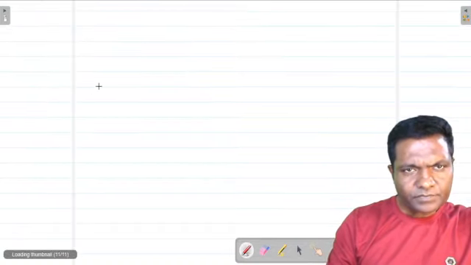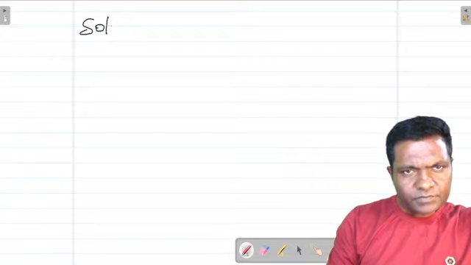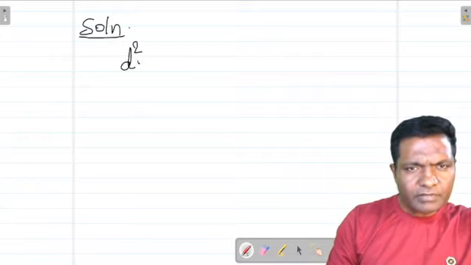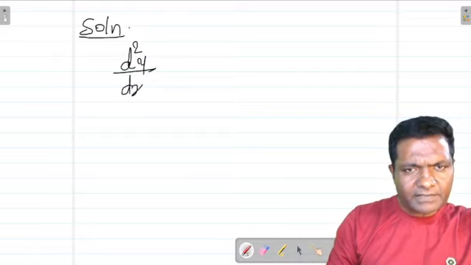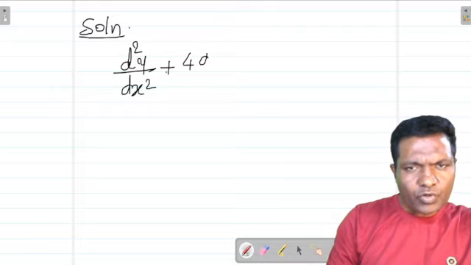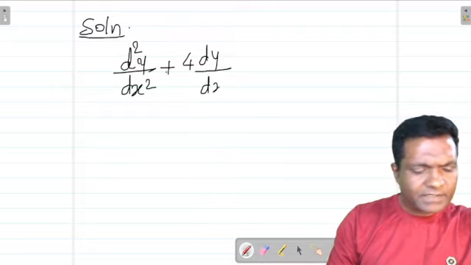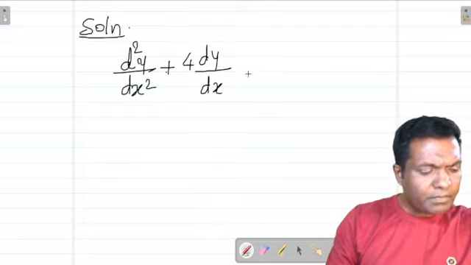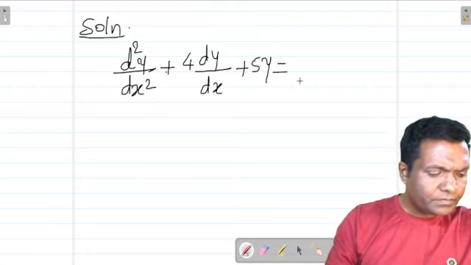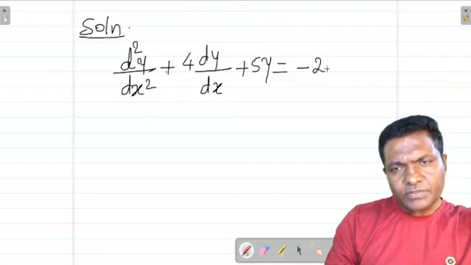Solve d square y by dx square plus 4 dy by dx plus 5y equals minus 2 cos hyperbolic x.